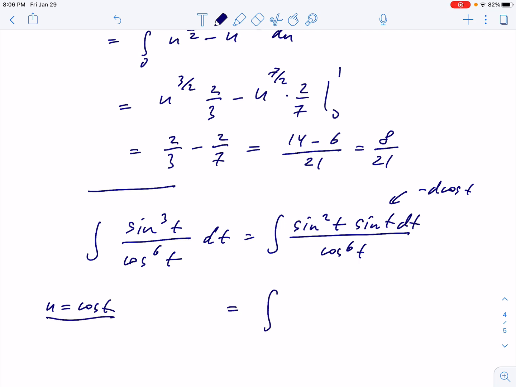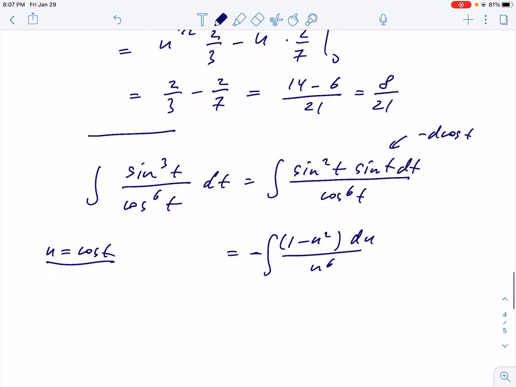So we have the integral of 1 minus u squared on top, du, and one negative sign coming from the cosine, and below the denominator is u to the 6th power. I will distribute the negative inside. I don't like this negative sign, I'm a very positive person. So this will be u squared minus 1 over u to the 6th power du.